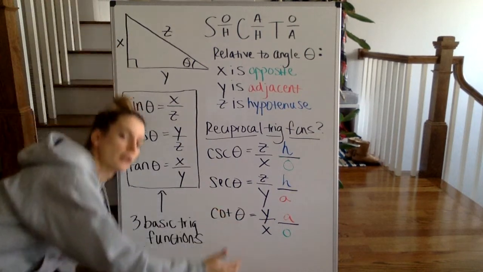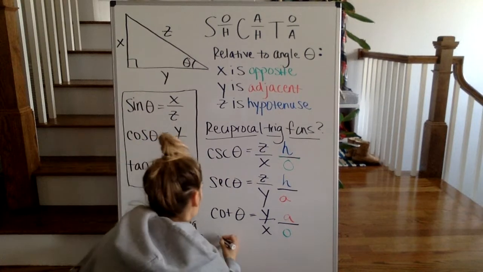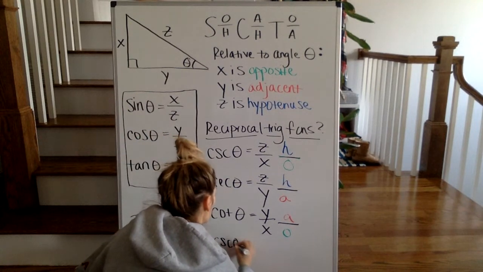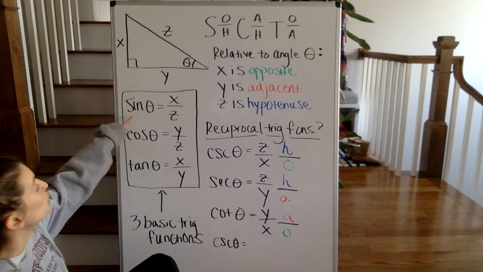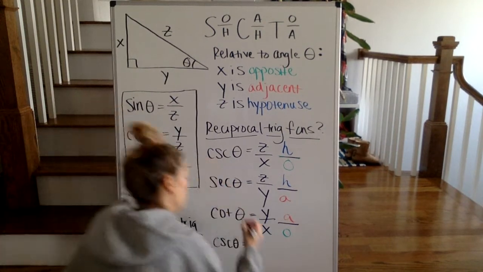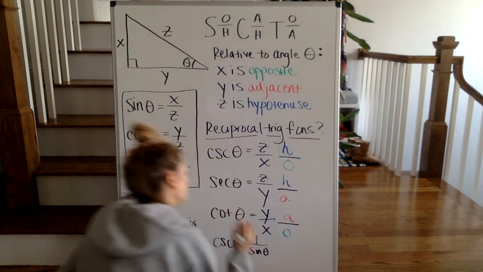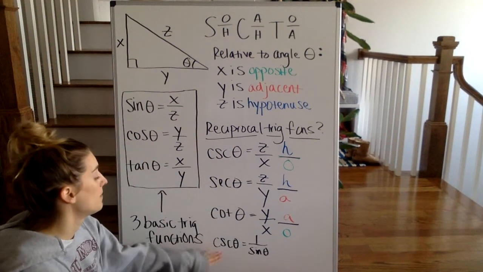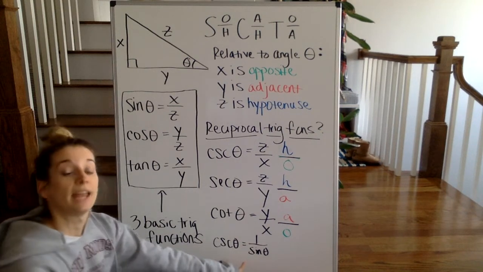These are reciprocal trig functions, right? So what that would mean is cosecant of some angle theta would be equal to 1 over sine of theta. And so in your calculator, if you're trying to come up with the cosecant of an angle, that's just 1 divided by the sine of that angle.